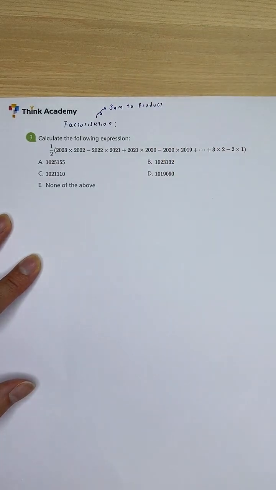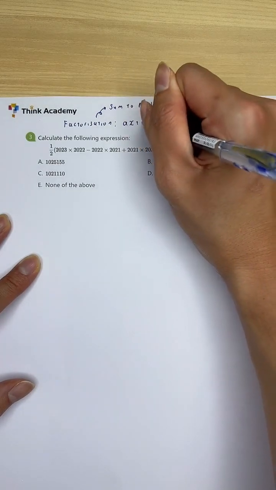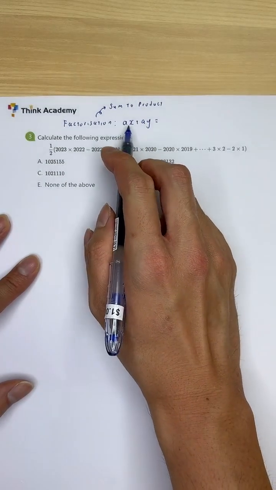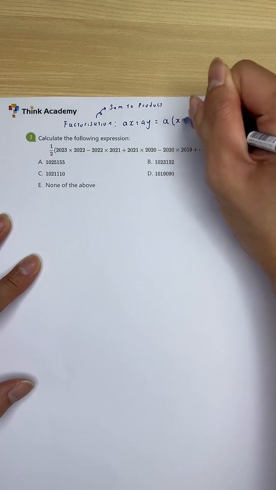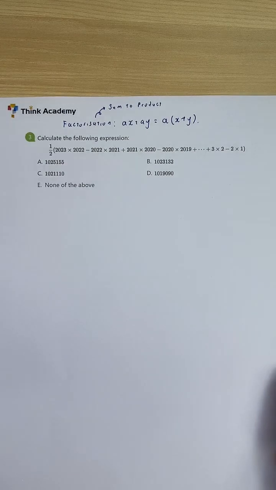The simple form is this: when we have ax plus ay, the Sec 1 form, I think some of you who are Sec 1 students should know how to factorize this. This would really be equal to a times x plus y. That's the concept we need to utilize. Now, you look at this very complicated looking expression. There are some things that are common.